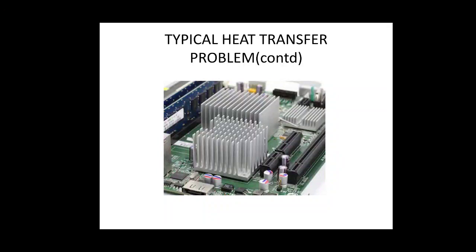As a heat transfer engineer, we will be able to design how these heat sinks or this extended surface will work, and how much air velocity you have to give so that the temperature of the chips is maintained at 70 or 50 degrees Celsius, suppose.